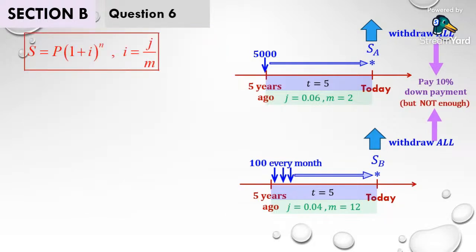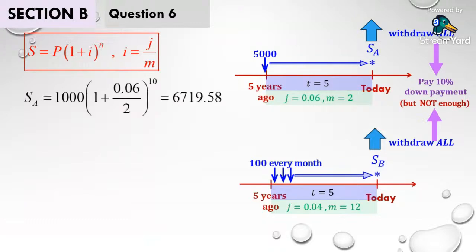SA refers to compound interest, not annuity here, for the 5,000, because it is only a one-time deposit of 5,000. Here I have the SA by the compound interest formula with 5,000 as the P. The i is 0.06 divided by 2, to the power of 10.